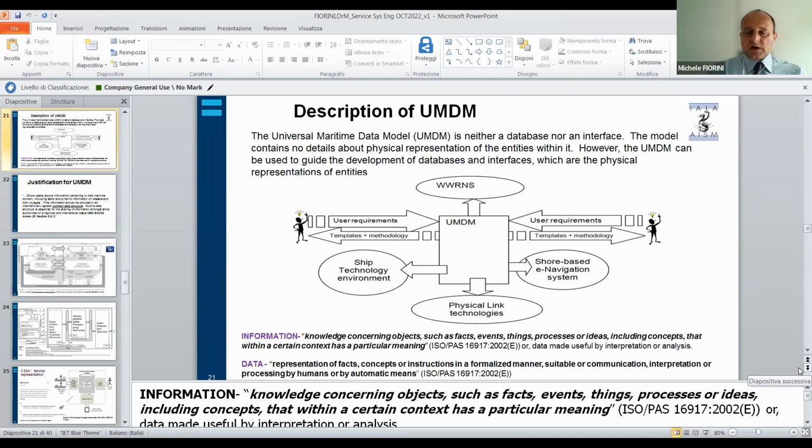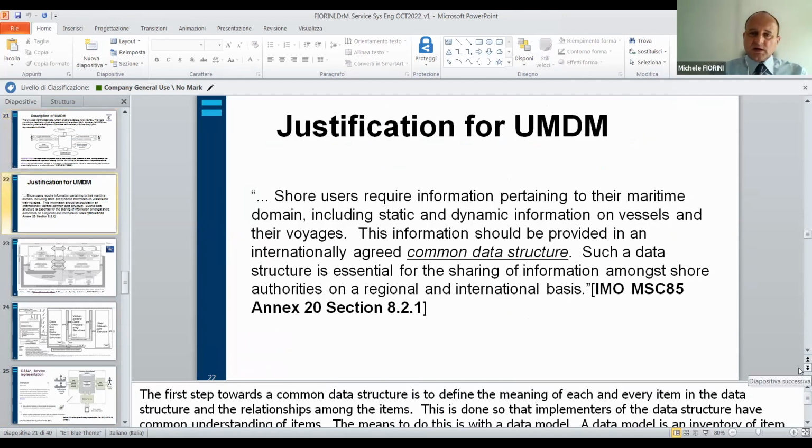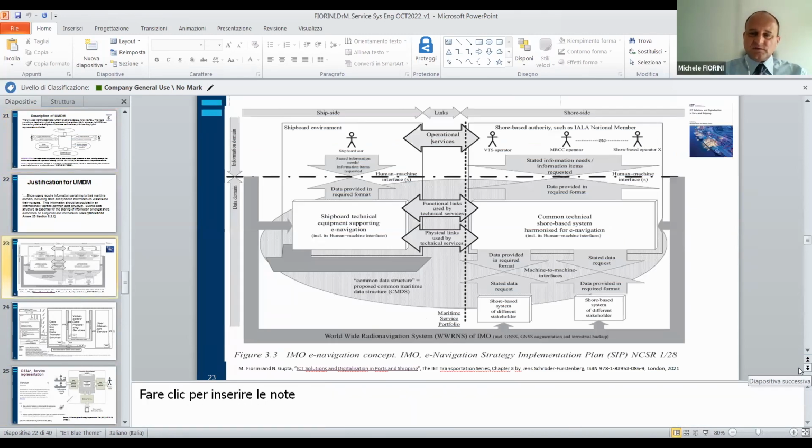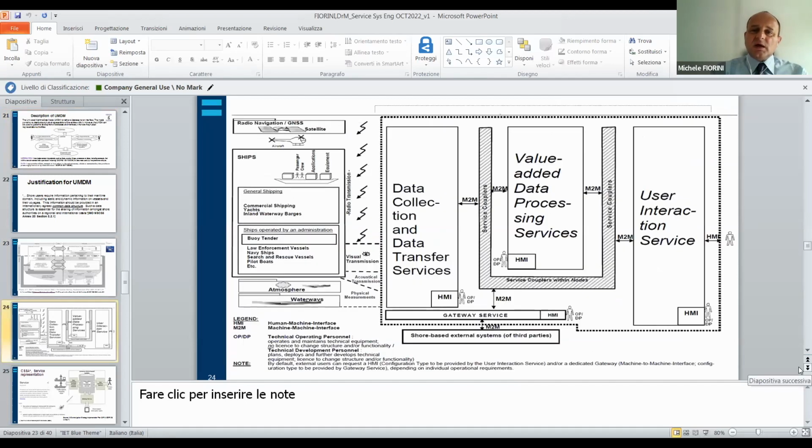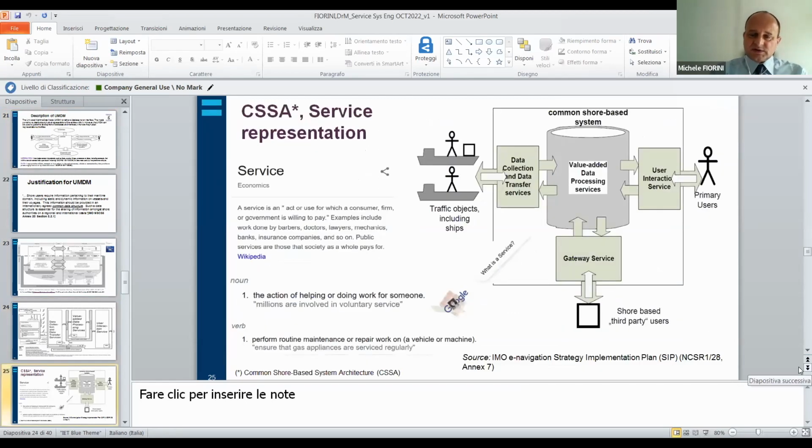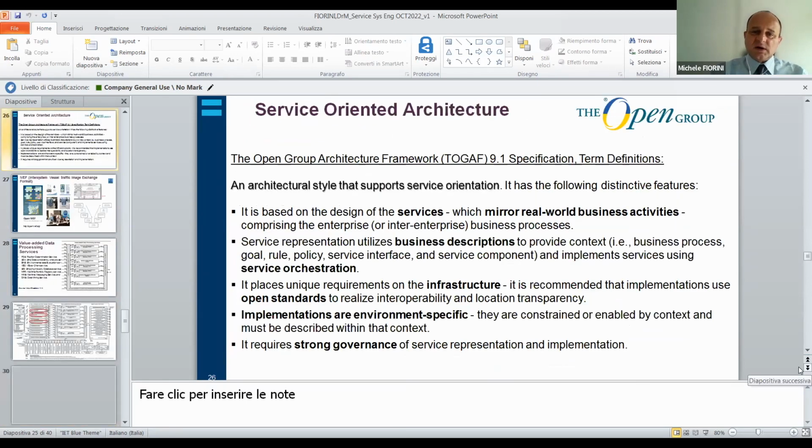All right. So I will speed up and skip a little bit of the justification and come to the essential of the services. We have a maritime service portfolio between the shore and the ship side, and this service is the key element of our process because the service has a number of useful properties.